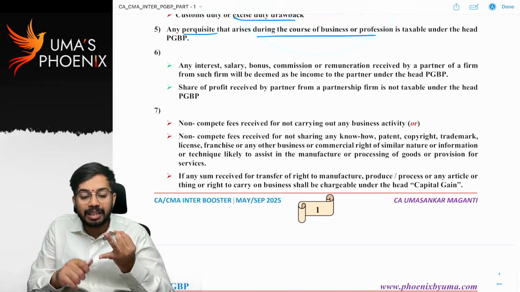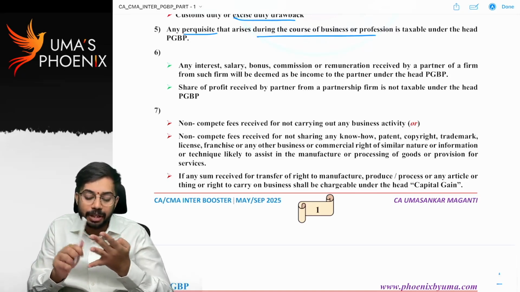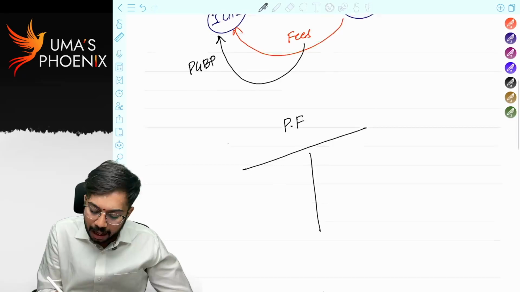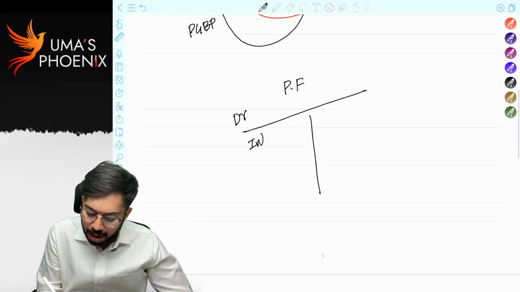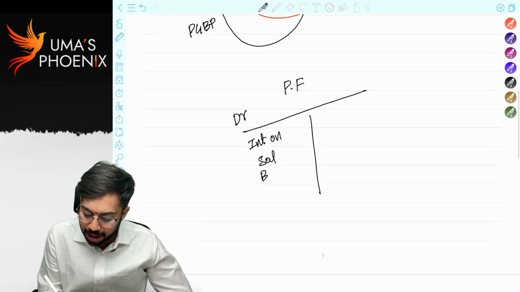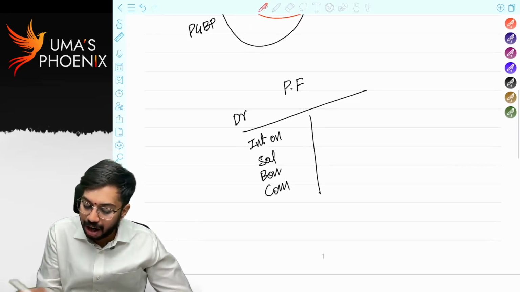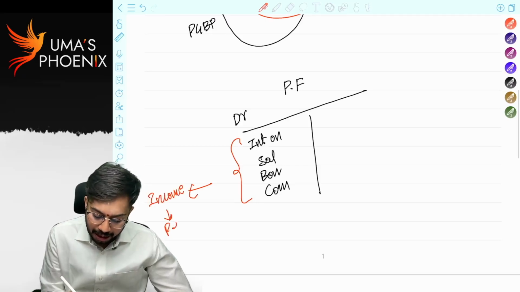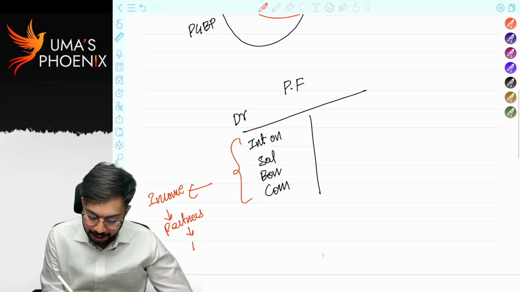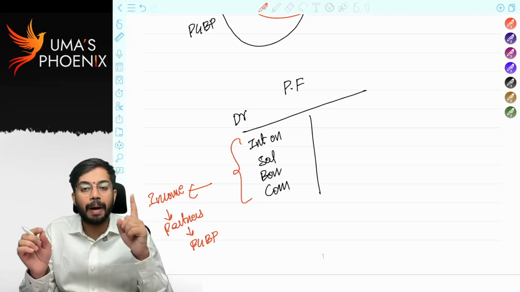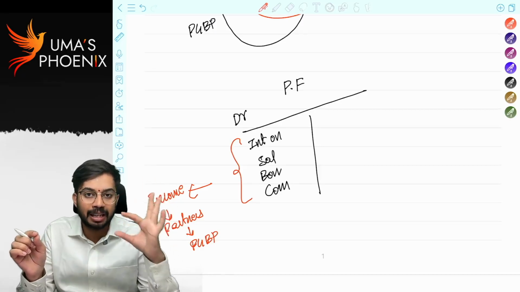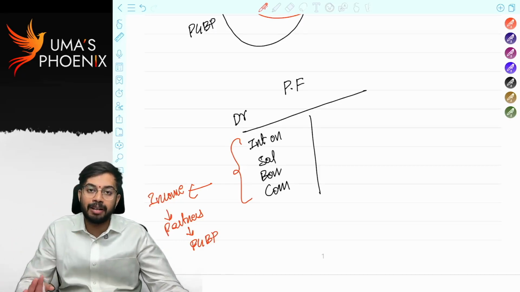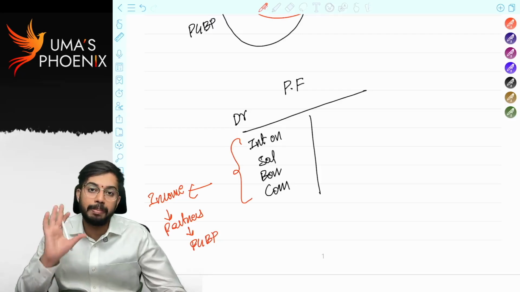Whatever interest, remuneration, bonus, commission is allowed, see, in the partnership firm books of accounts, in the P&L account, debit side, whatever interest on partner's capital, salary, bonus, commission, all of these are there. All these are considered as income in the hands of partners and such income is taxable to the partners under the head PGBP. Very simple. In partnership firm, whatever expenditure is allowed with regard to partners, the same amount is considered as income in the hands of partners and such income is taxable under the head PGBP to the partners.